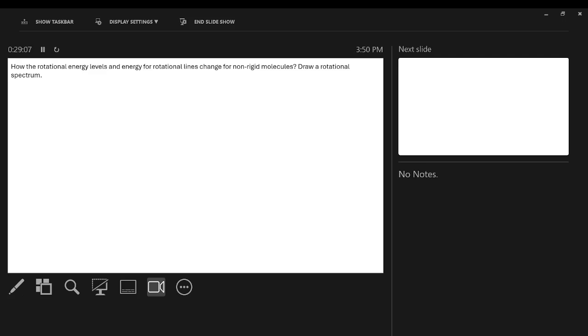So the first question is: how do the rotational energy levels and energy of rotational lines change for a non-rigid molecule? Draw a rotational spectrum. First we will write energy. This E is nothing but B J (J plus 1).